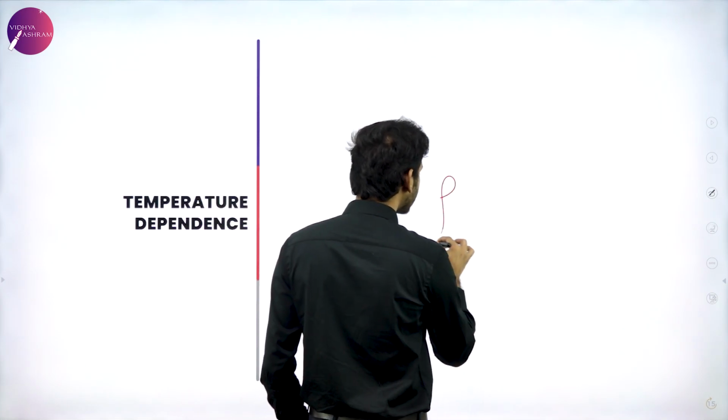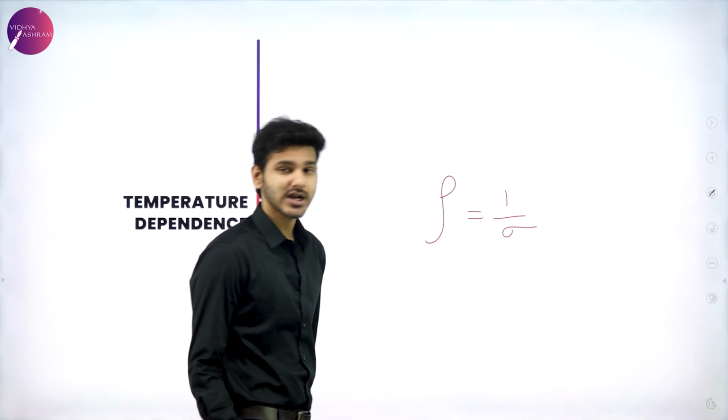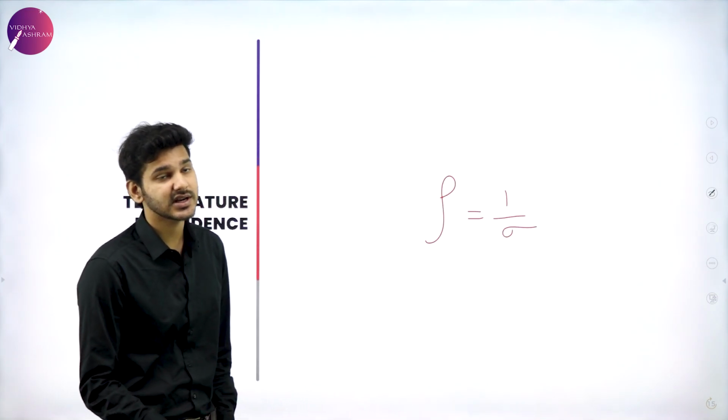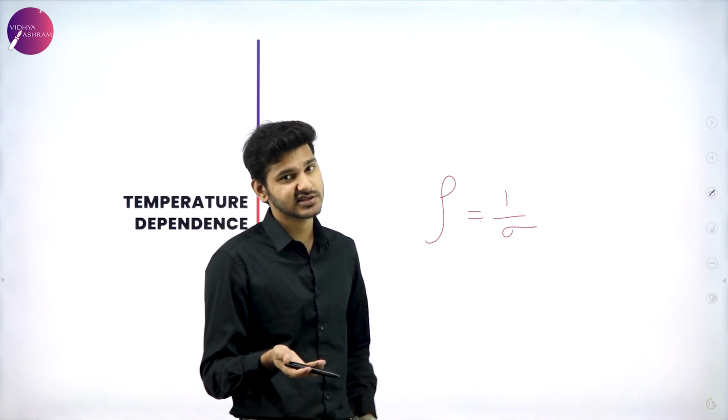Now moving on to the temperature part. How is temperature actually related to these materials? But before that, we have to discuss some other property, that is resistivity. We saw that resistivity is equal to 1 by sigma, where sigma is conductivity. The inverse of conductivity is known as resistivity. So what exactly is resistivity?